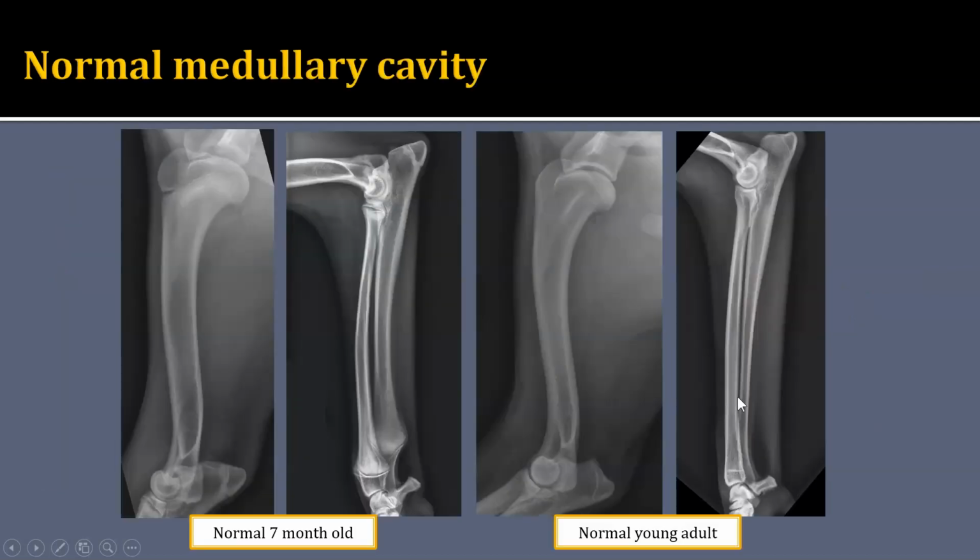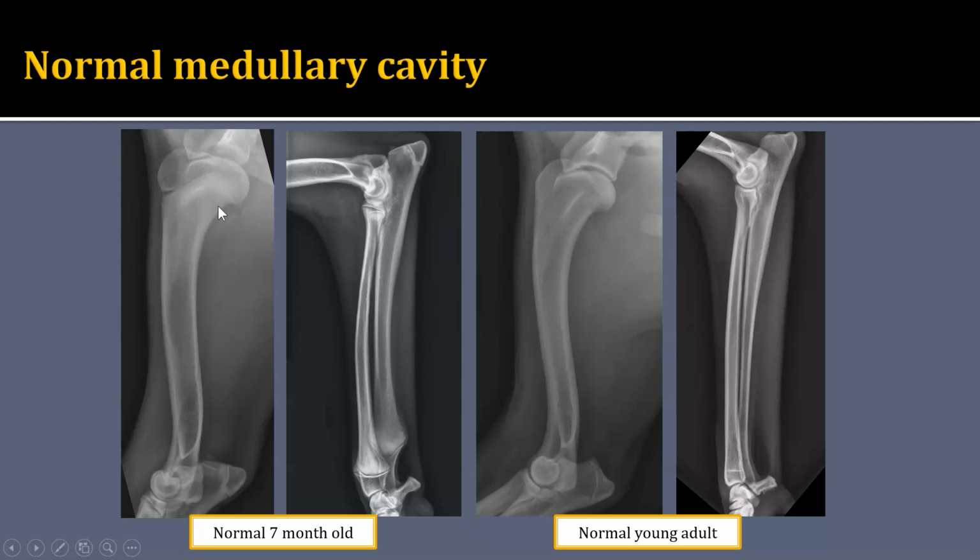This slide just reminds us of what the normal medullary cavity will look like in the long bones of our dogs. So here's a normal 7-month-old dog, both the humerus and the radius and the ulna. And notice that when we are near the physis and the metaphysis, there's always more bone opacity. This is where the bone is actively remodeling.